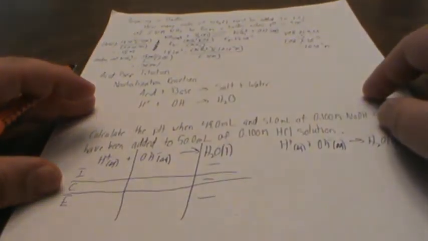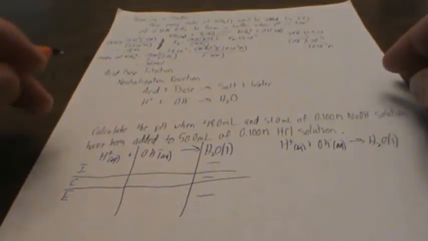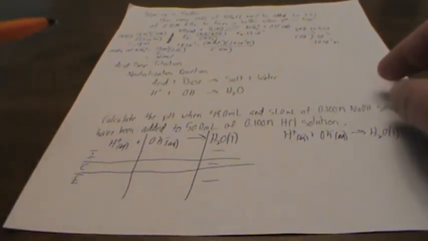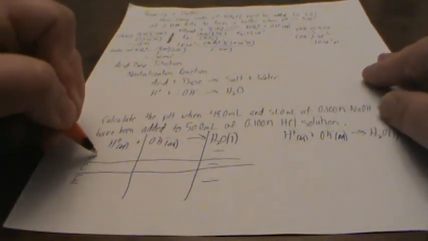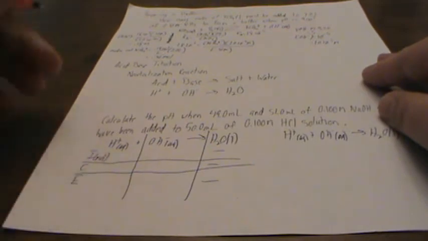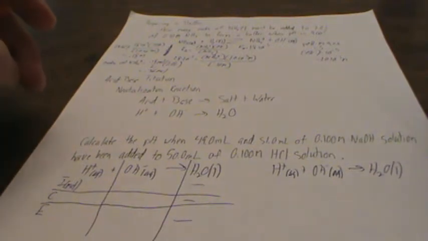Anyway, what we're going to do here is look at moles throughout this process. So we need to figure out how many moles we have of each thing.